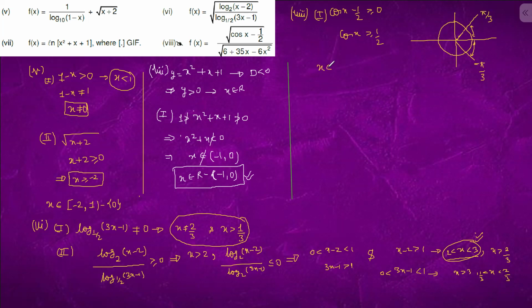So x should belong to 2n pi minus pi by 3, 2n pi plus pi by 3. This is the domain.